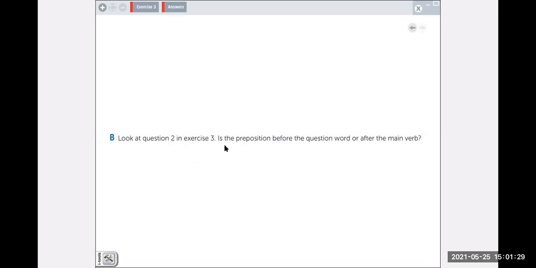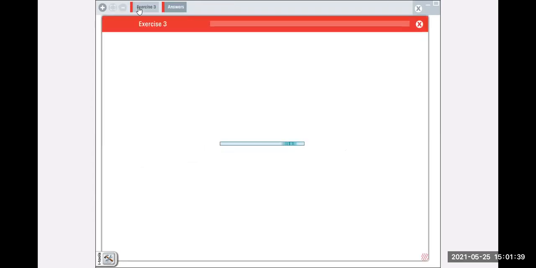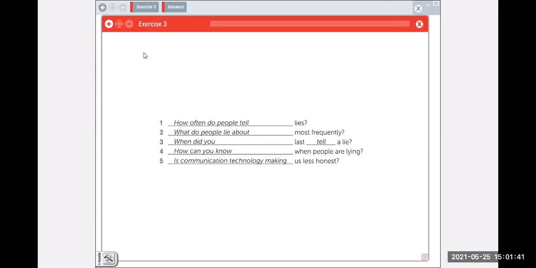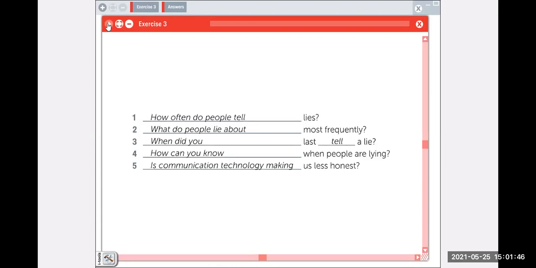It says, in the questions, is the preposition before the question word or after the main verb? So we are going to check again these questions, and you have to look for the prepositions here. What are the prepositions in these questions? Can you find any prepositions? About, maybe, teacher?